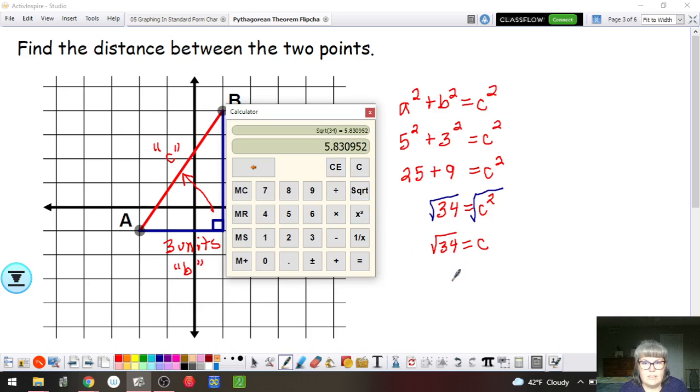And it is approximately 5.8 when I round to 1 decimal place. On the yellow calculators that we use in class, you would press the blue button, the x squared button, and then 34.